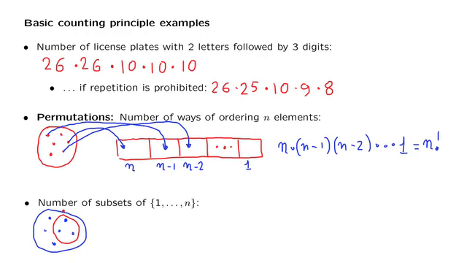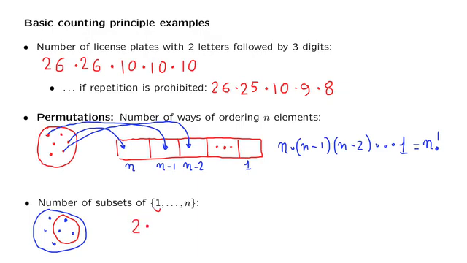Let us think of a sequential process through which we can choose the subset. The sequential process proceeds by considering each one of the elements of our set one at a time. We first consider the first element, and here we have two choices. Do we put it inside the set or not? So two choices for the first element.